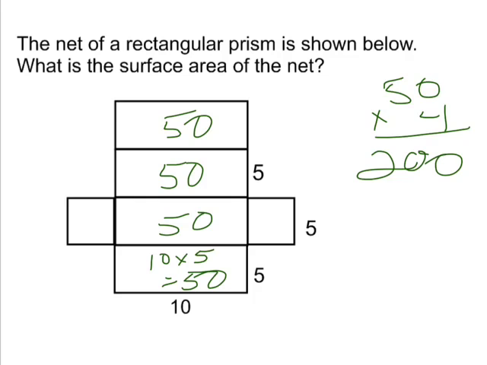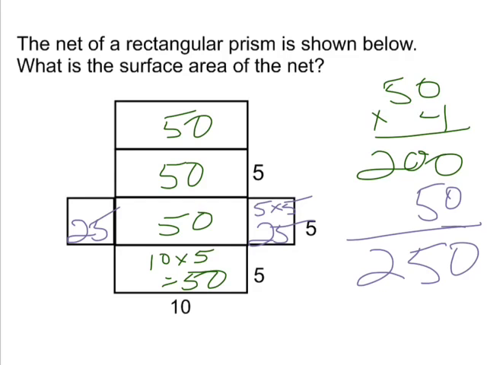And then we still have the two little ones. These are 5 by 5s, and when you do 5 times 5 you get 25. This one is also 25. Those two together are 50. So you add that up and you get 250, which would be the total surface area of this net drawing.